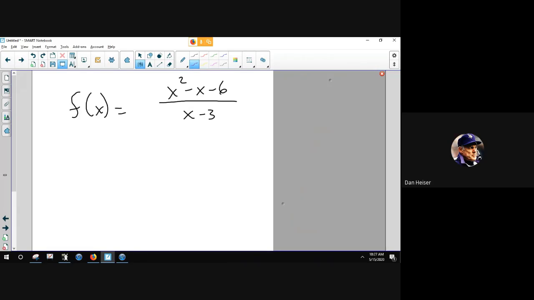And I would tell you that normally that's correct. But in this case, it's actually false. There is no slant asymptote on this function. And if you're confused, take a closer look at the numerator. There's something we can do to the numerator.